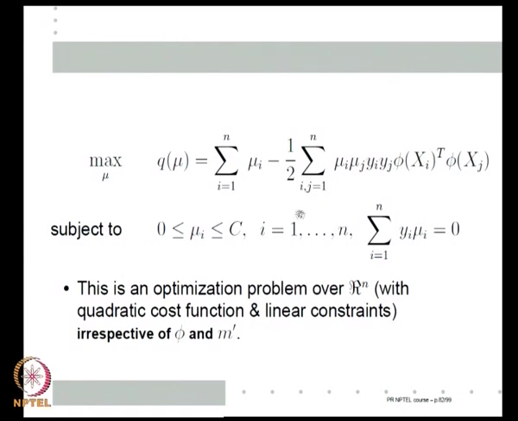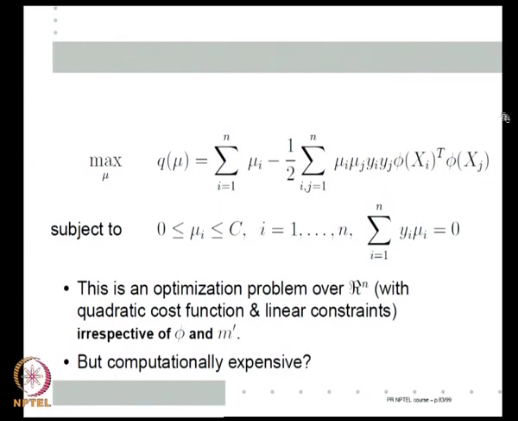This is the good thing, but does it mean that I have really got rid of computational cost? Of course, during learning I have to solve this problem to find mu i given all my training examples. So, to calculate phi xi transpose phi xj, of course, I can pre-compute it because these do not depend on the optimization variables here.